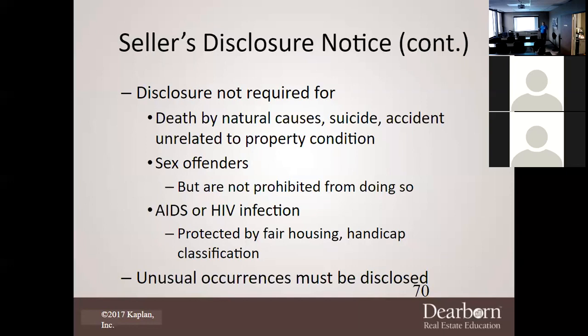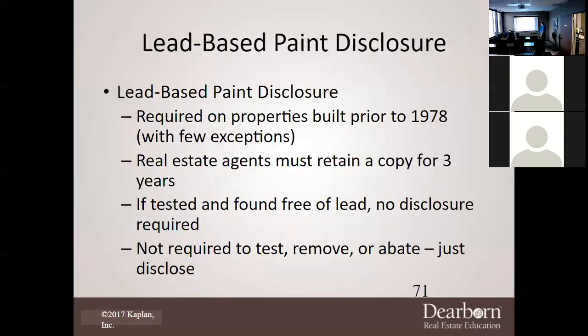But if it is every hour on the hour, there's a party or there's somebody shooting a gun or whatever, or a train that comes by every other hour and blows the horn, that stuff needs to be disclosed. Okay, because it's a nuisance, is what it comes down to. But yes, unusual occurrences is just things that you would not normally expect in an area. Good question, though.